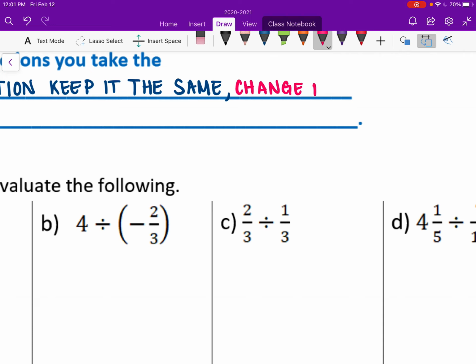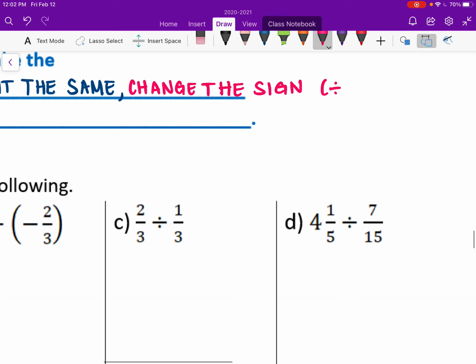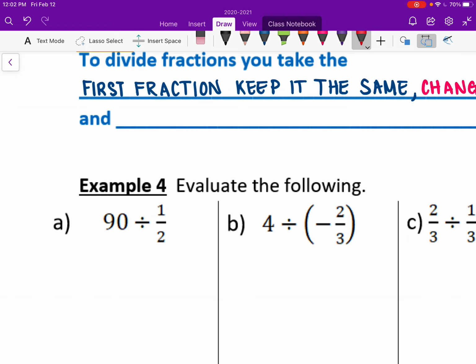Change the sign. Divide turns to multiply. And then you flip. So I'm going to do that in orange. Flip the second fraction. So I like to say it as keep, change, flip. However you decide to say that is up to you. Okay. So keep, change, flip.